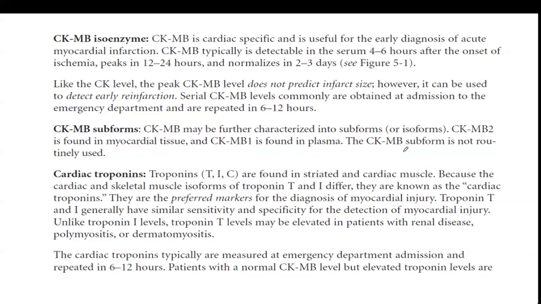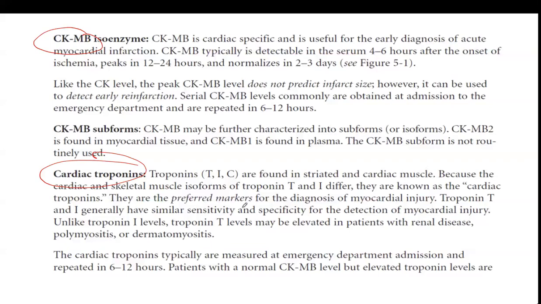What else? If there is no ST elevation, the patient can still have myocardial infarction. So what else can find out myocardial infarction? Cardiac enzymes. There are lots of cardiac enzymes we can do, like CKMB, but nowadays the most important or most commonly done is the cardiac troponin.